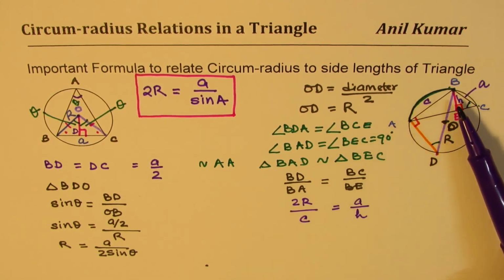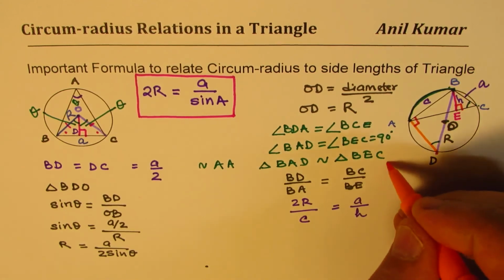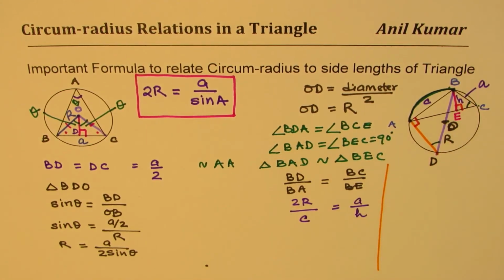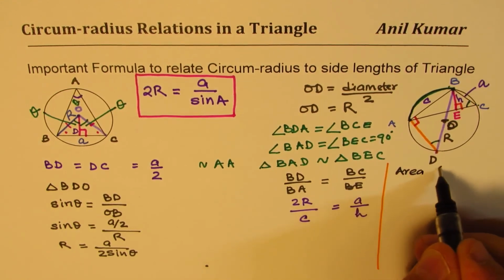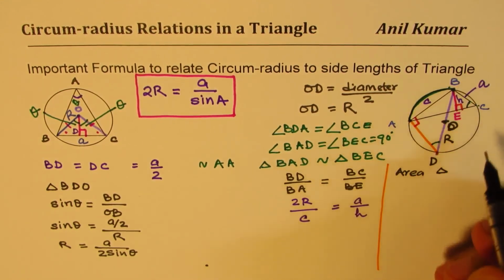Now, this height H, we can relate with the area of the triangle, correct? So for the triangle ABC, what is the area of triangle ABC?